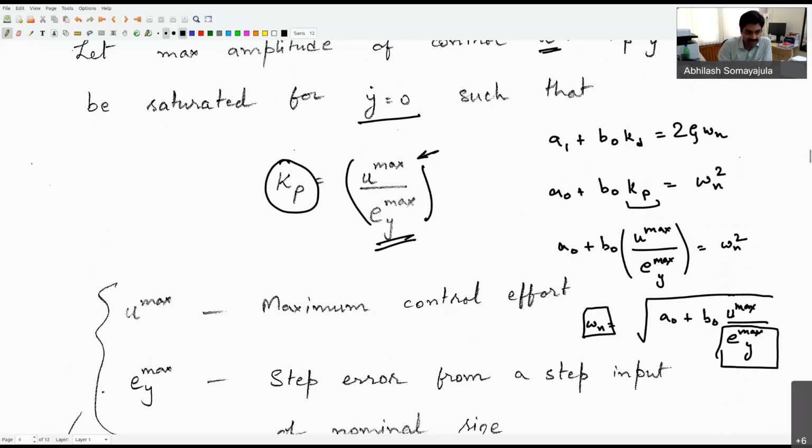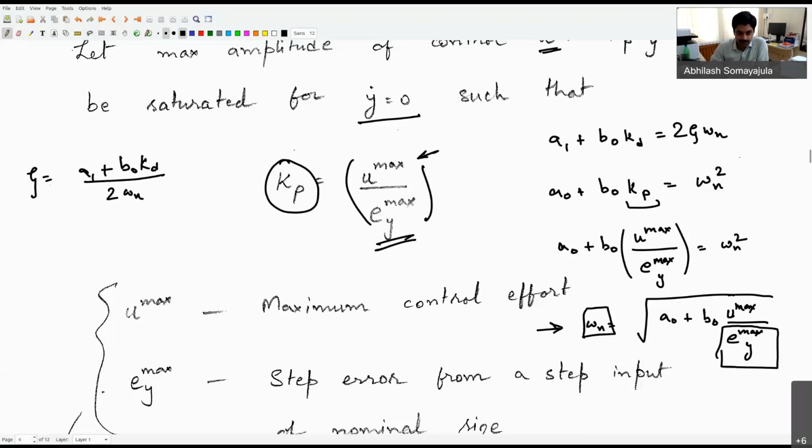So we can write down zeta will become A1 plus B0 times Kd divided by 2 times omega n, where omega n is basically coming from here. So this is telling me that if I know what are my gain values, Kp and Kd, I can precisely know what are my damping ratios and the natural frequency.